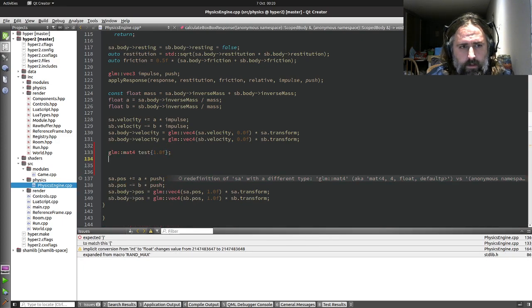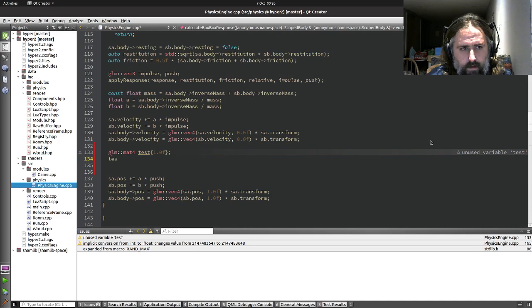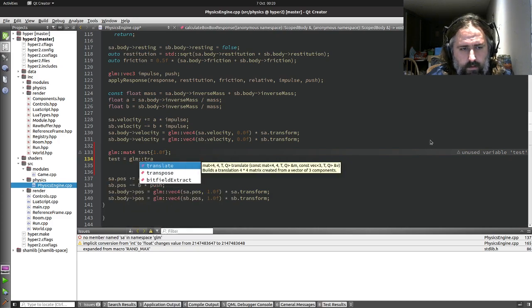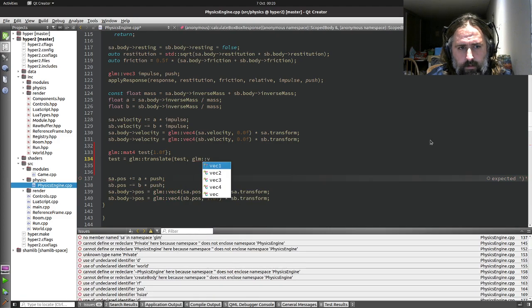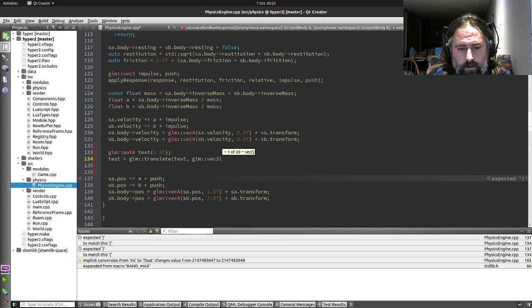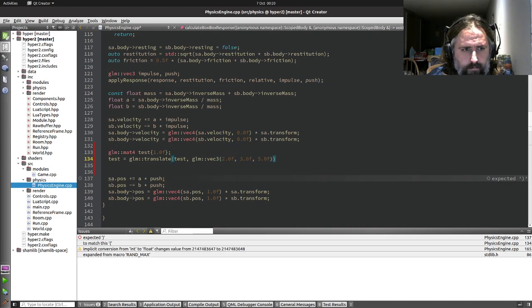Test. So I'm going to make a translation matrix from test, and we're going to just translate by, I don't know, 2, 3, 5.